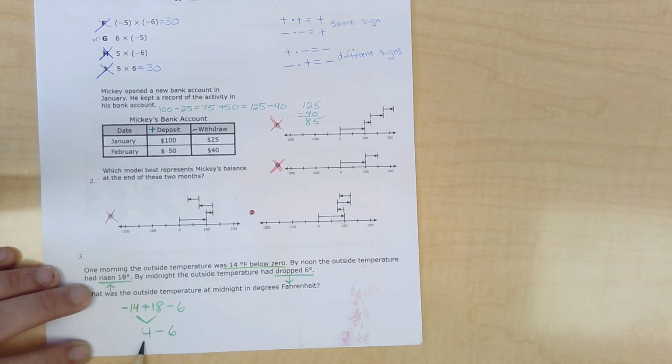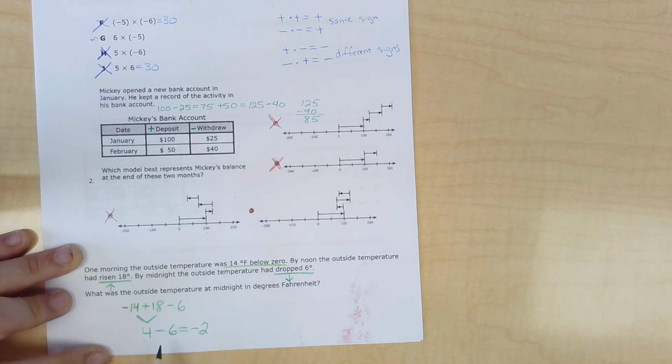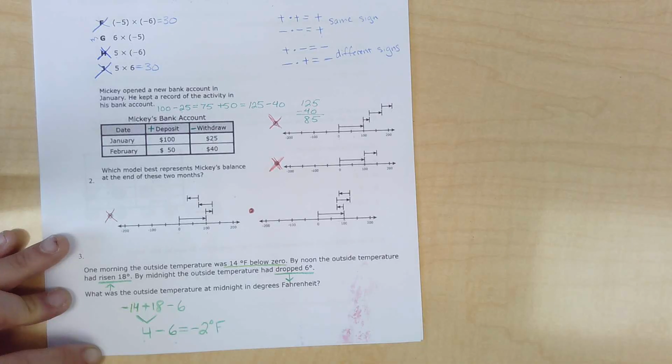If you have $4 in your bank account, but you spend $6, that means you have a negative balance, and your negative balance will be 2. However, in this case, they wanted to know what was the outside temperature at midnight in degrees Fahrenheit. Well, it was -2 degrees Fahrenheit. All right, let's go to the next one.